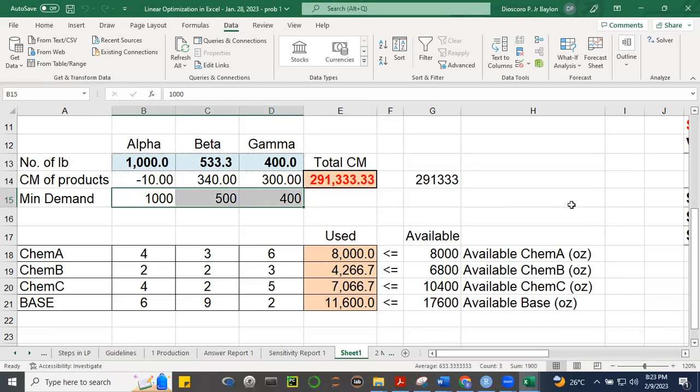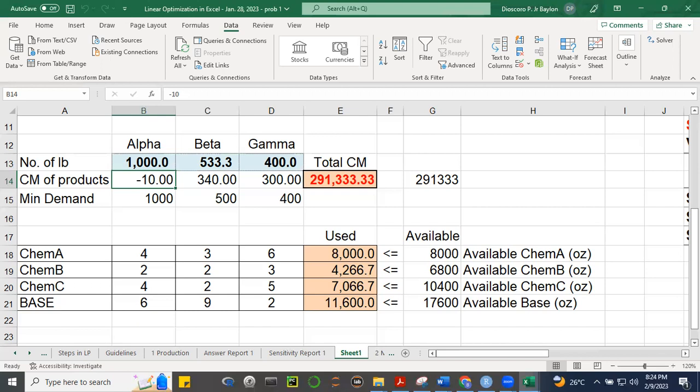Kaya mukhang parang paradoxical na kahit pala negative yung contribution margin natin. Okay. Kunyari, suppose this is a scenario where may commitment tayo dun sa isang favored na client natin. And nag-commit tayo. And failure to produce this would actually mean losing that business. So maybe in this instance, we can only surmise, we can only cook up some scenarios, no?